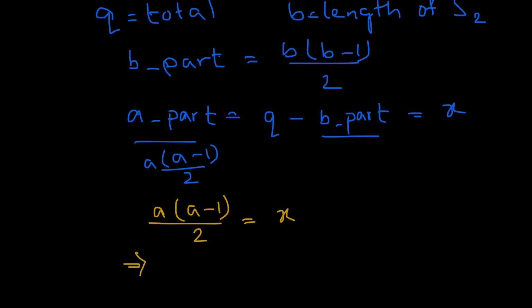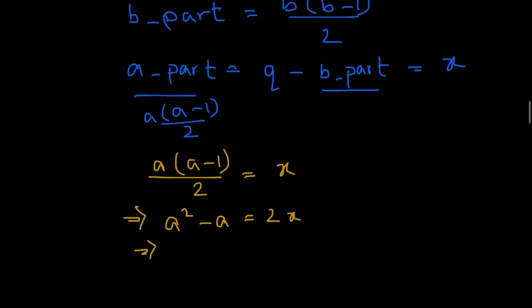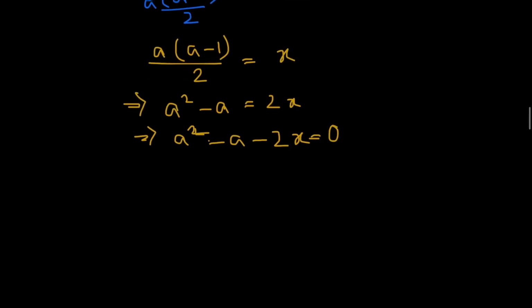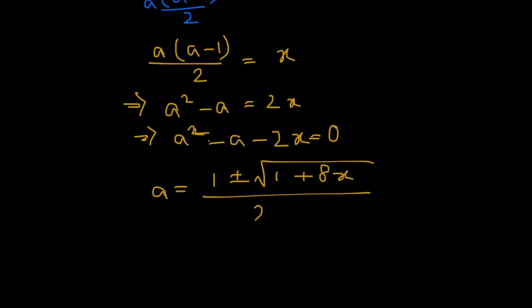So if I do cross multiplication here and write this, it will be A square minus A equal to 2x, or A square minus A minus 2x is equal to 0. So now I can use the formula here. A is equal to minus b, that is 1, plus minus root of b square, that is 1, minus 4ac, so here minus 2x, so it will be plus 8x, by 2.